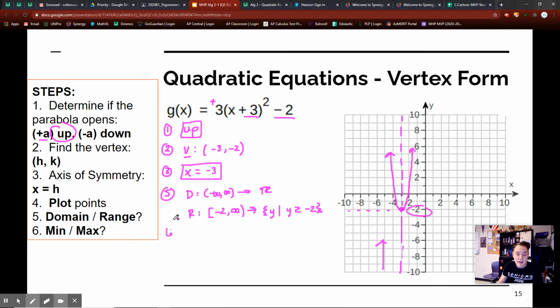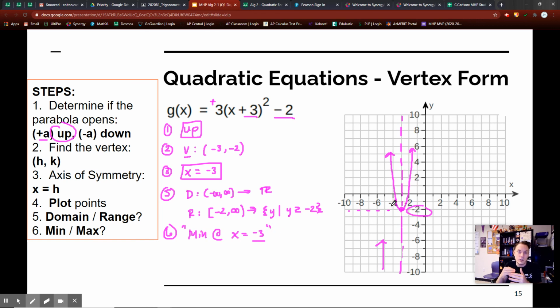And then my min and max. This is also another min. And where is that at? That's at x equals negative 3. Okay? And so I always want to say the minimum at x equals something. That's kind of the general formula that I do. So it's always going to be minimum or max at x equals some number. All right? Because the min and max tell you the y value already.